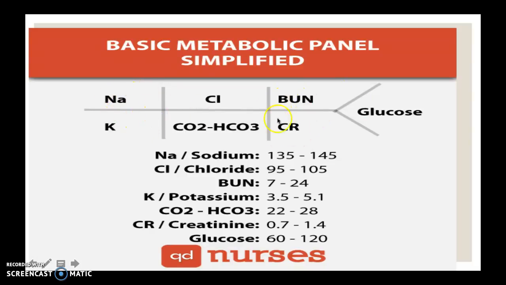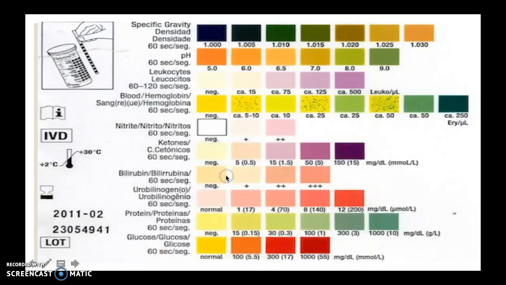Whoever instructs you on kidney diseases will want you to know normal ranges for BUN and creatinine, and glucose for diabetes. Chloride and bicarb, you'll need to know when you study acid-base balance more. The normal ranges for these labs vary a little depending on the lab, so I want you to use the normal labs that are in the book.